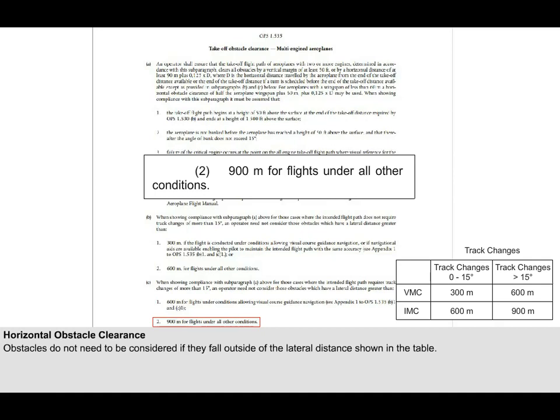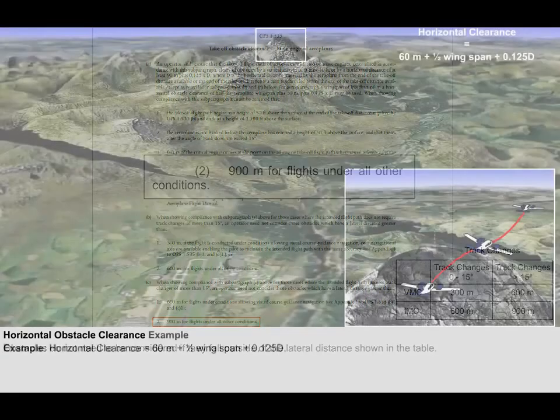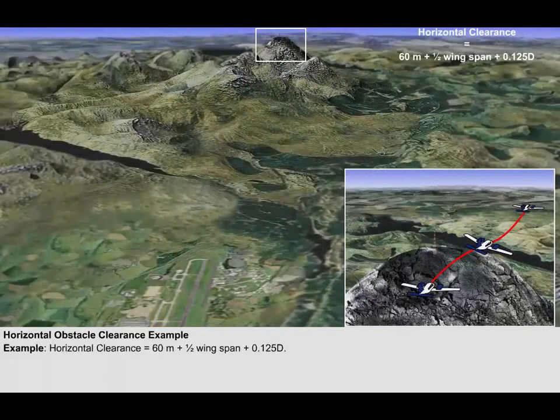Let's work through an example to illustrate how the horizontal clearance requirements work in practice. The specimen aeroplane used in CAP 698 is the Piper Seneca, whose wingspan is approximately 12 meters. Therefore, in the formula, half the wingspan is 6 meters.